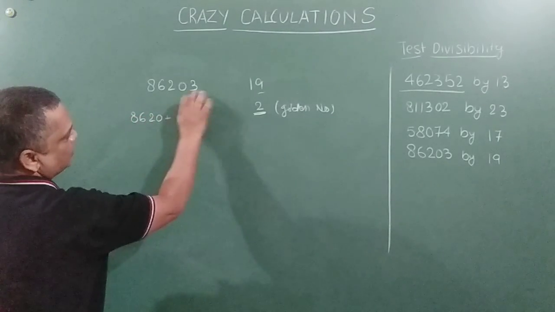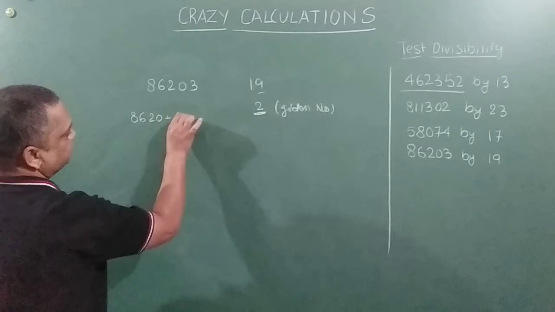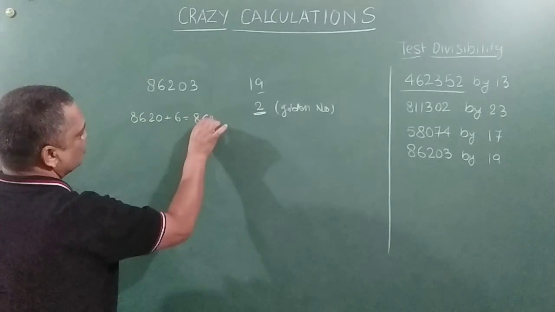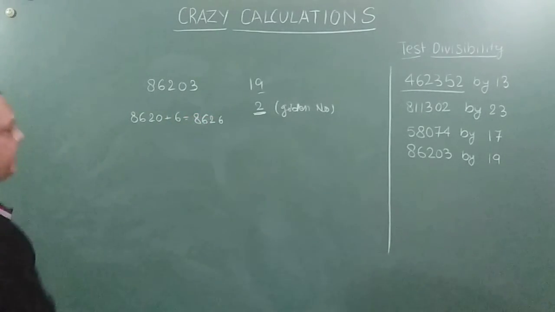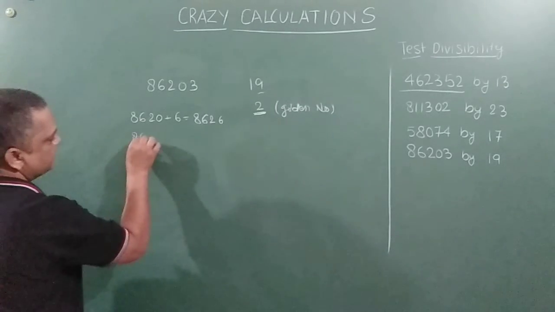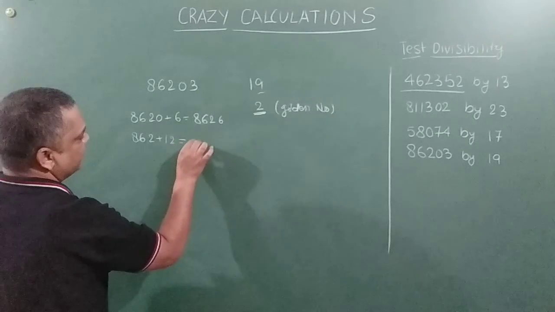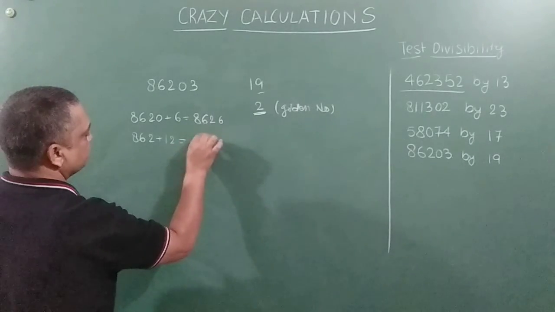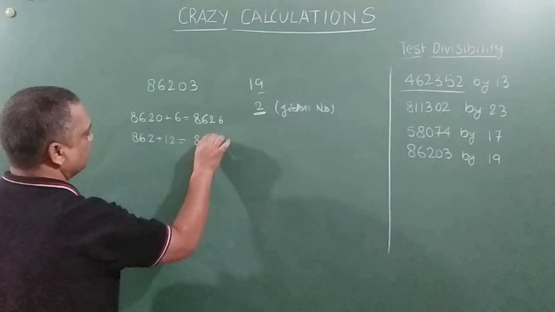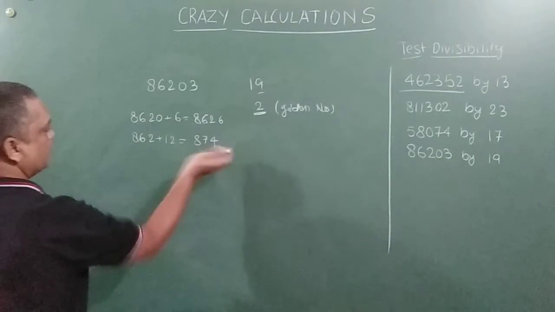So this is 8620 plus 2 into 3, that is 6, 8626. Right? Now 862 plus 6 into 2 is 12. Right, friends? So 874. 2 plus 2, 4. Yeah.